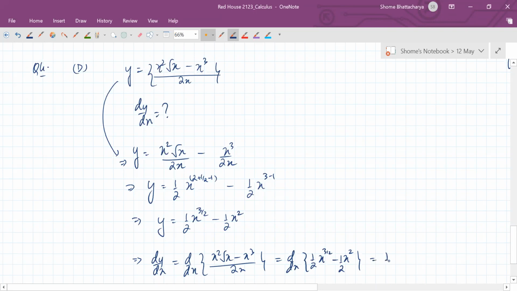So this becomes 1 by 2 differentiation of x to the power 3 by 2 minus, again take the 1 by 2 outside, into differentiation of x square. Right. So that becomes simple enough.